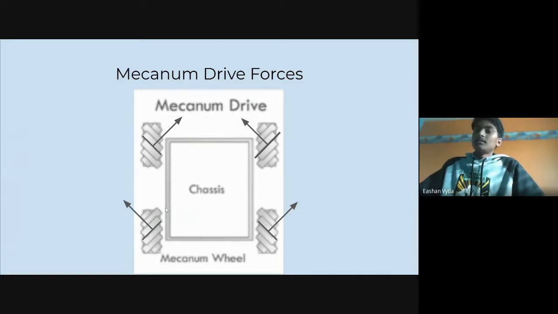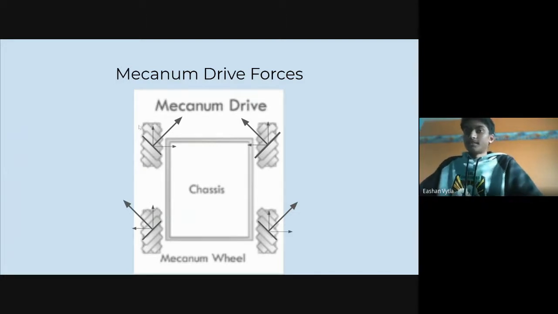Now, we can split this up into X and Y forces. For this one, we did a +1 and a +1 on the X-axis force. And for this wheel, we did a +1 and a -1 X-axis force.